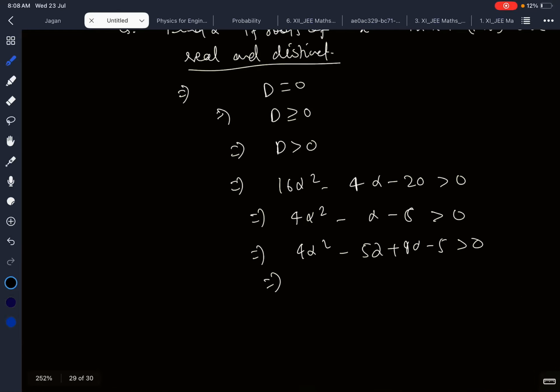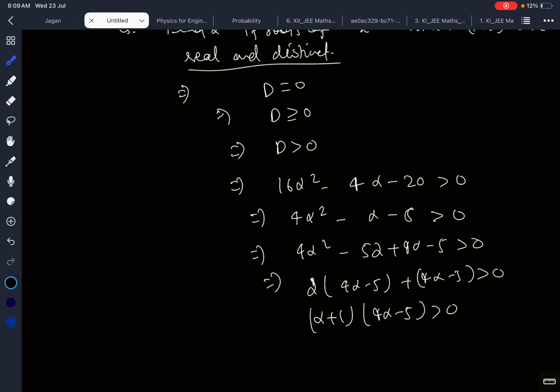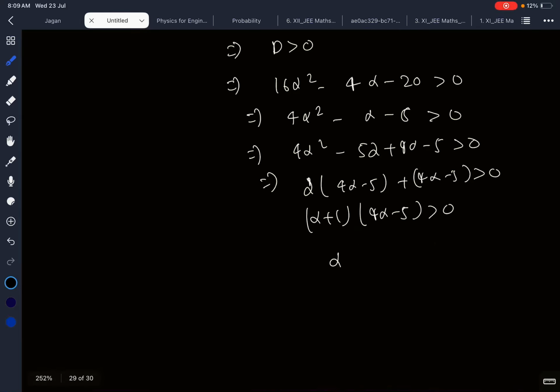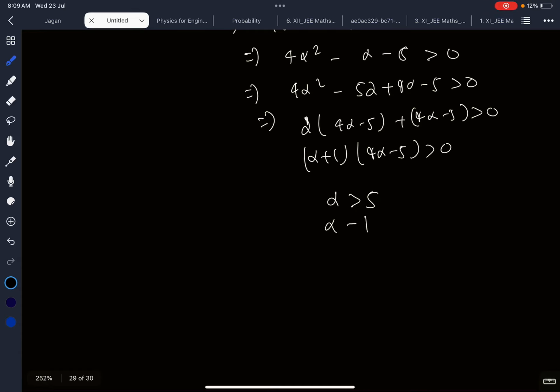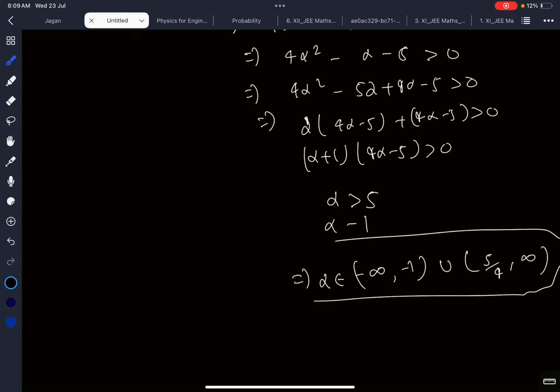Taking alpha common, alpha into 4 alpha minus 5 plus 4 alpha minus 5 should be greater than 0, implies alpha plus 1 into 4 alpha minus 5 should be greater than 0. So alpha will either be greater than 5 by 4 or will be smaller than minus 1. So our solution will be minus infinity to minus 1 union 5 by 4 to infinity. So alpha belongs to this value.